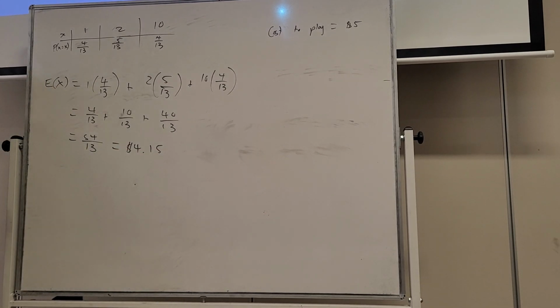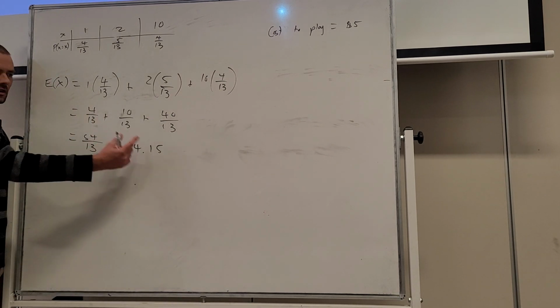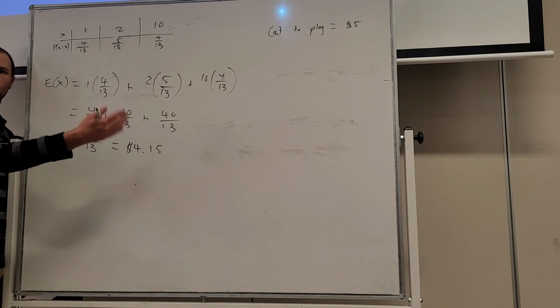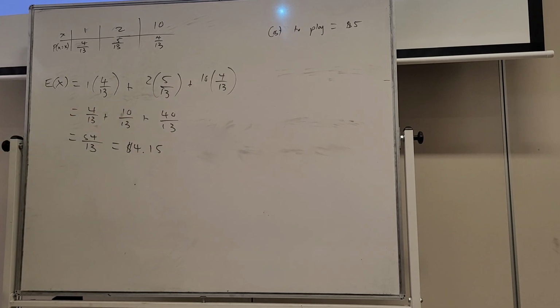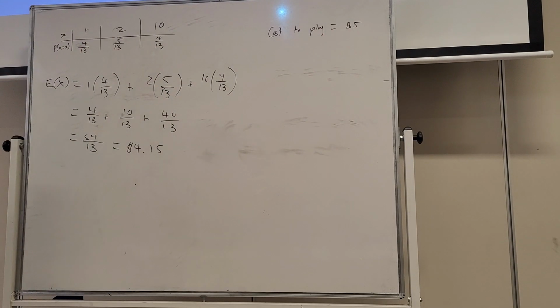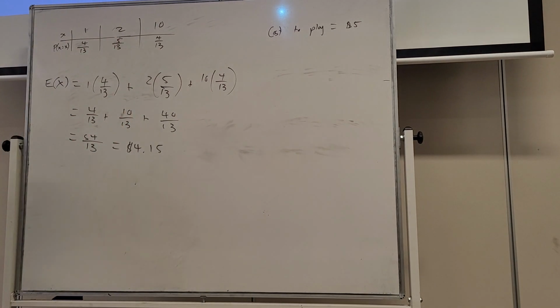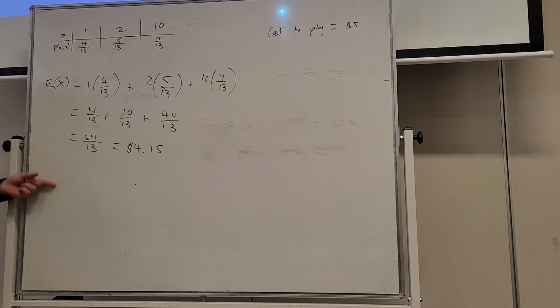All right? So if you were to play the game 100 times, you would win $4.15 times 100, $415 on average. That's what we expect. Okay, now the cost to play is $5. So each time you play this game, you're investing $5. So what is your expected gain or loss?